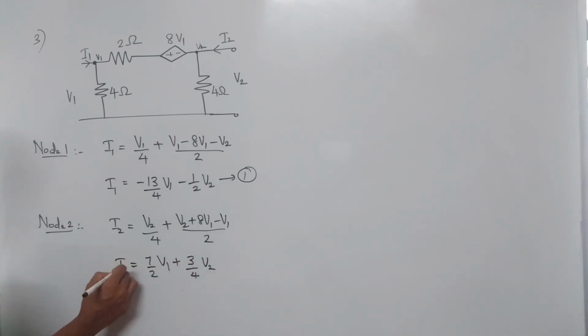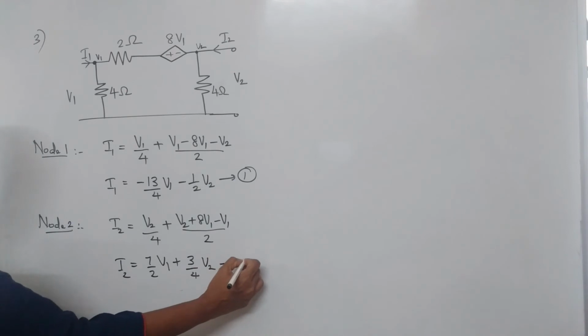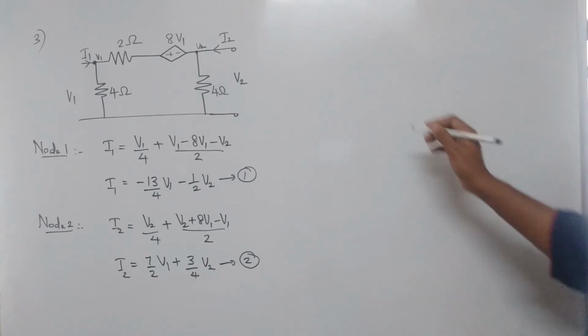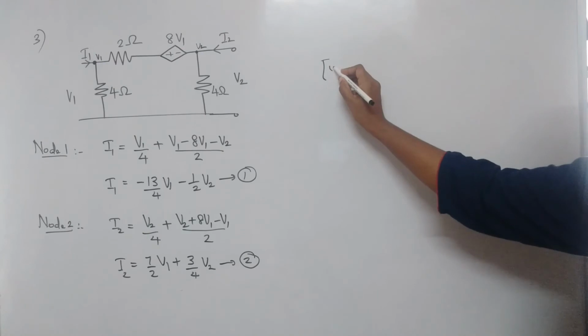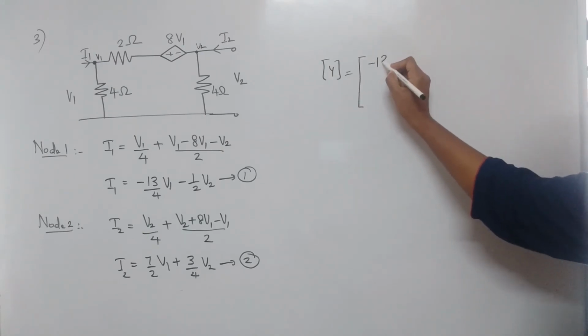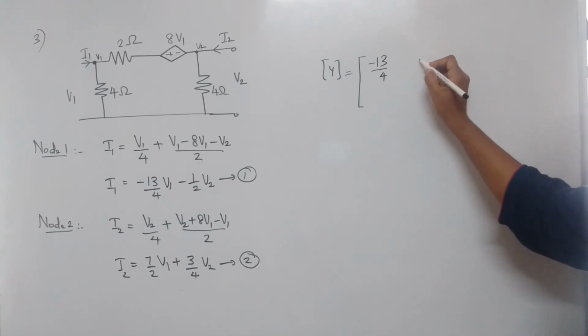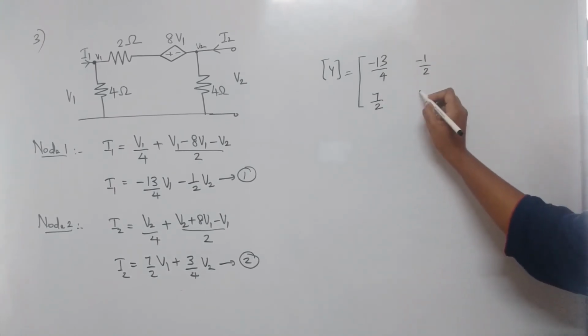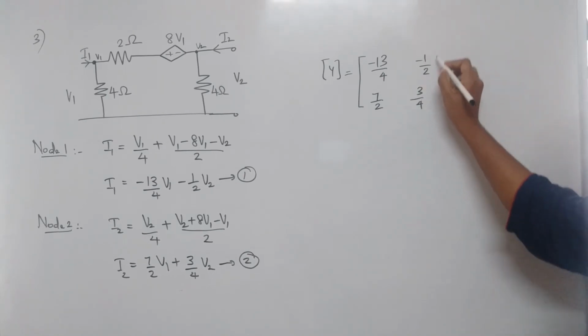Again this is in standard format, so nothing much to do. Just write the KCL equations, and you will directly get the answer in terms of V1 and V2. Now we can write it in matrix form. Matrix Y is equal to minus 13 by 4, minus 1 by 2, 7 by 2 and 3 by 4.